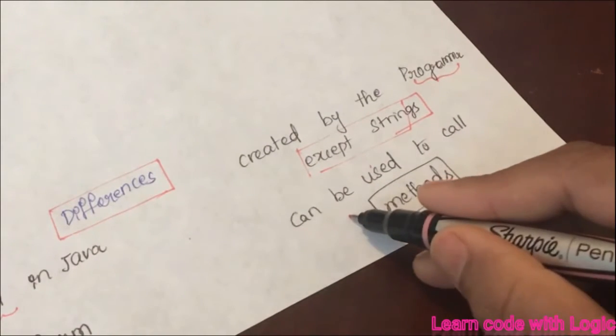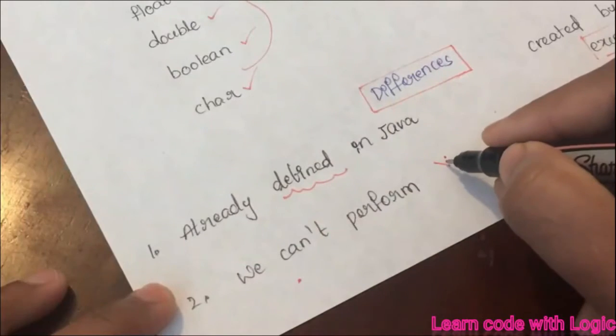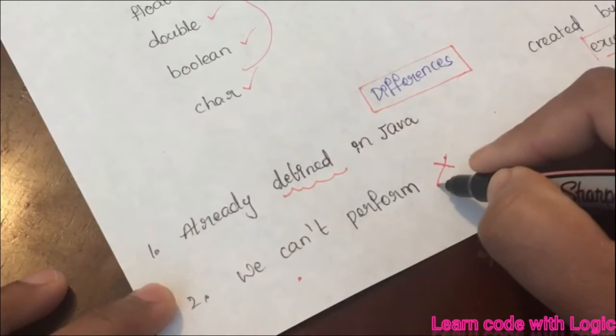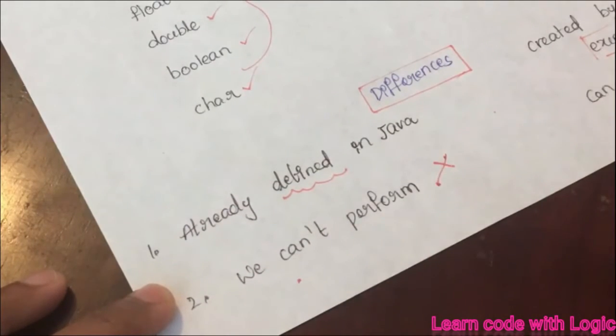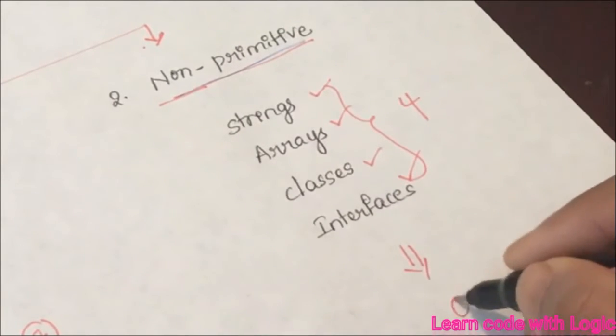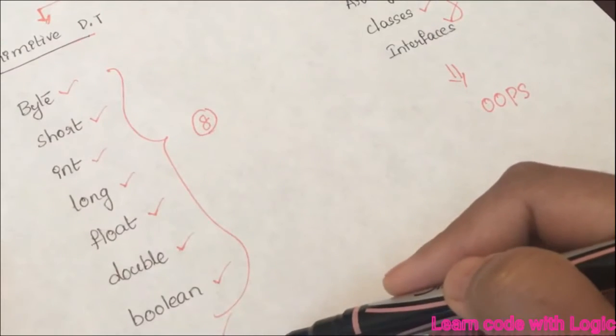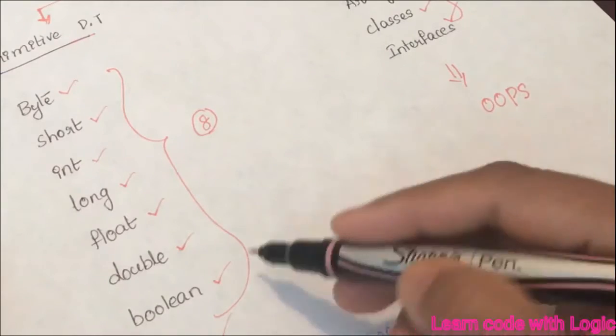These non-primitive data types are used to call methods. Those kinds of operations we are not going to perform with primitive data types. These non-primitive data types we will see in OOPS concepts, meaning object-oriented programming concepts. In this tutorial we will see primitive data types.